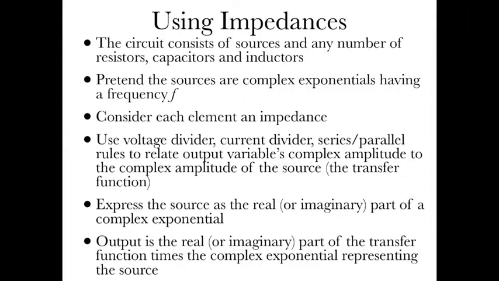For any circuit we have, pretend the source is a complex exponential, although it really isn't. Use impedances to find the transfer function. Now we express the source as the real part or imaginary part of a complex exponential. This works for sinusoidal sources.